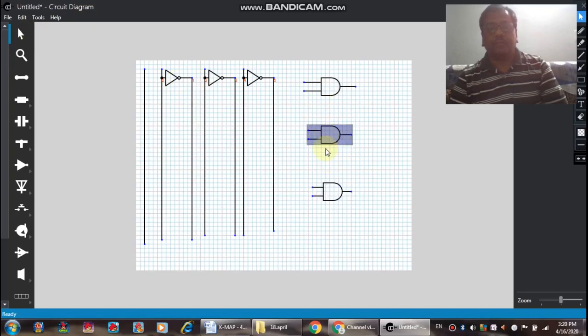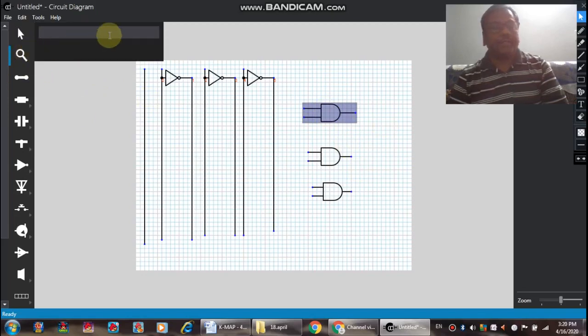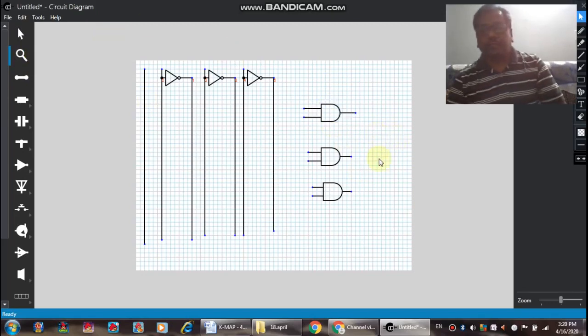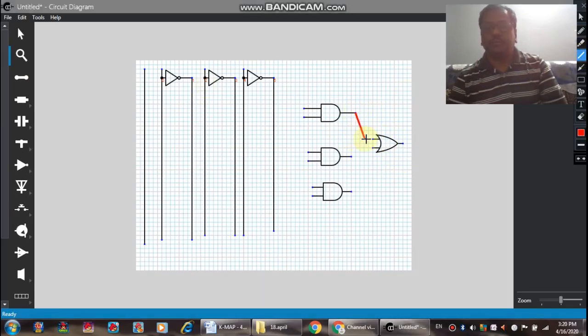We have to also create an OR gate. And when we talk about an OR gate, we have to join the lines in the same manner. This is the way we will be joining the OR gate.